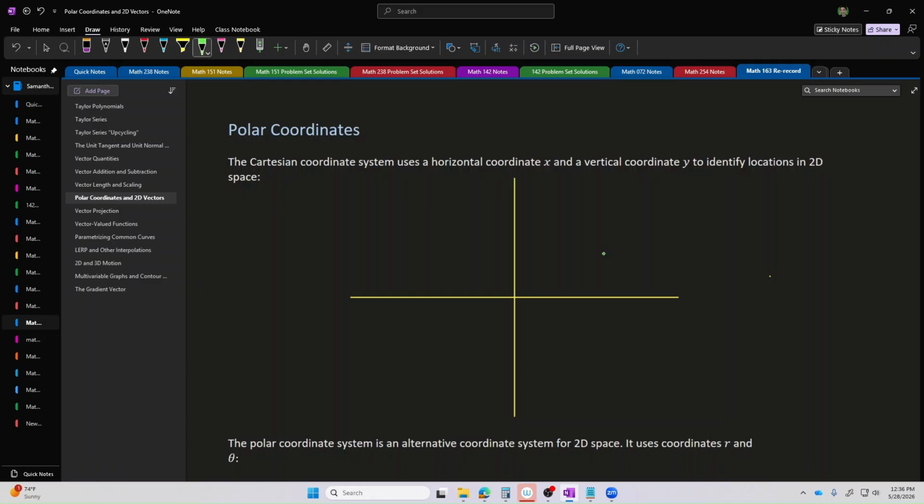And to locate points using these two coordinates, someone gives you a specific x value, for example, -4, and a specific y value, +3. To reach the location in question, you start at the origin, go 4 units in the negative x direction, 3 units straight up, and here's your point.